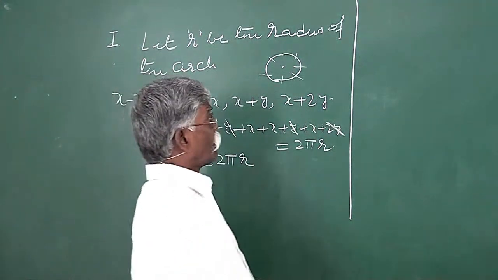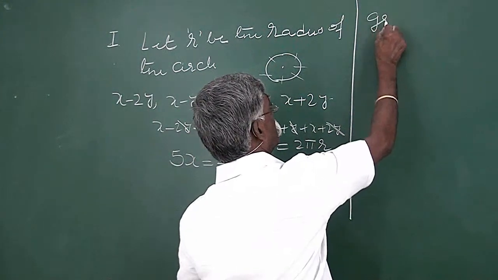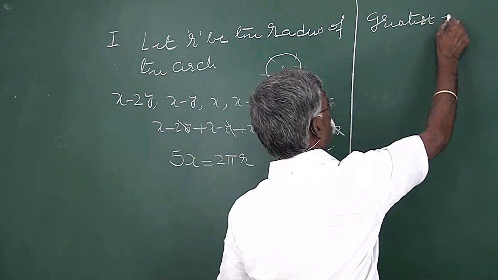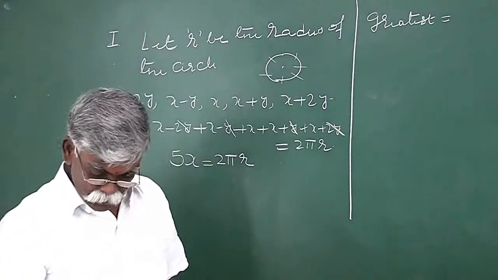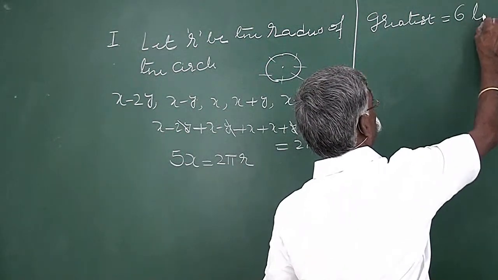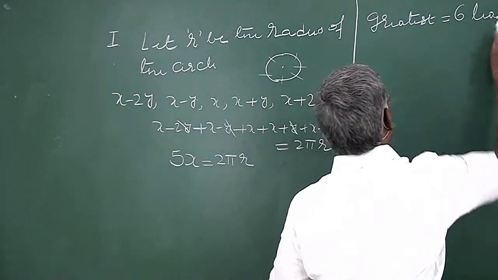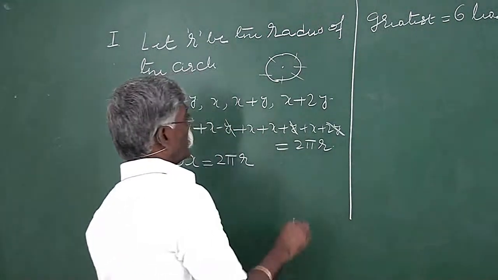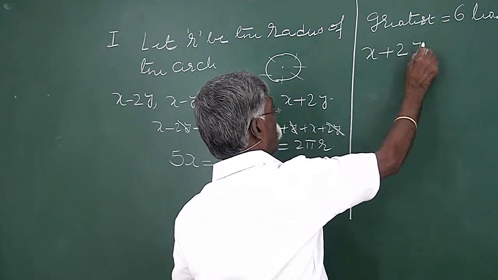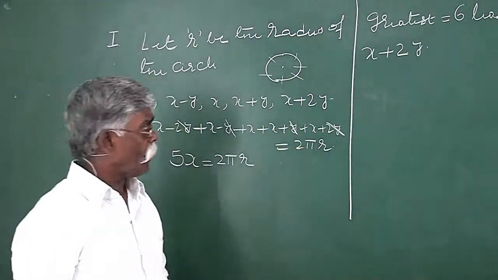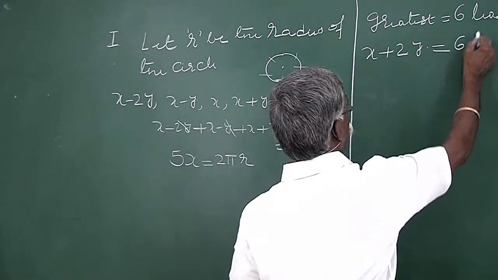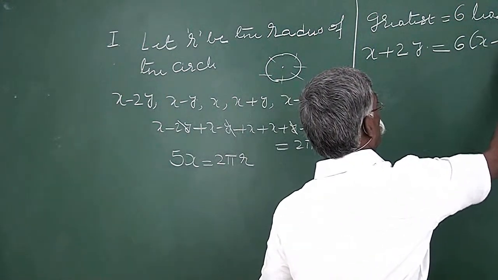Now, greatest part is equal to 6 into least. So the greatest part of the circumference is taken as x plus 2y, because we have taken the terms to be in AP in increasing order, and this is 6 into the least, x minus 2y.